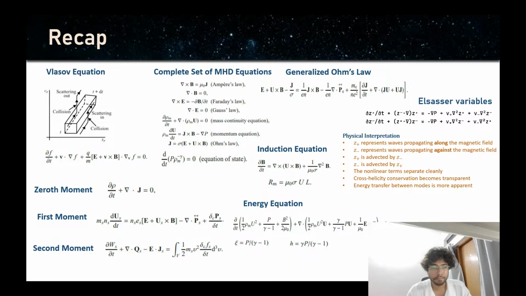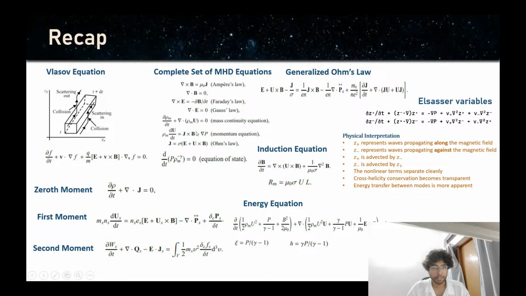Now, if the pressure of the system is very low, or in other words, the system is dominated by a magnetic field or has very strong magnetic fields, then we can neglect the pressure force in this equation, because it's very low. So del P goes to zero.